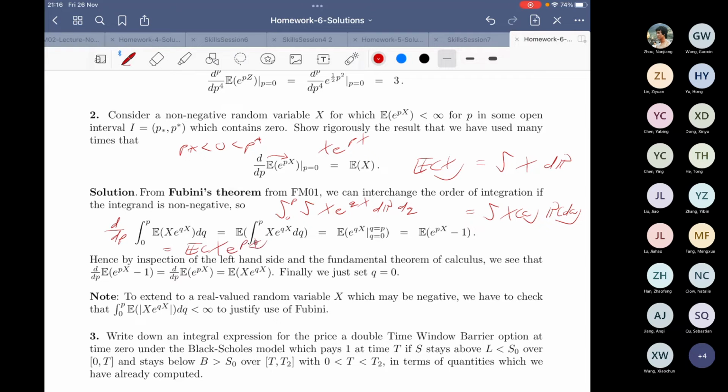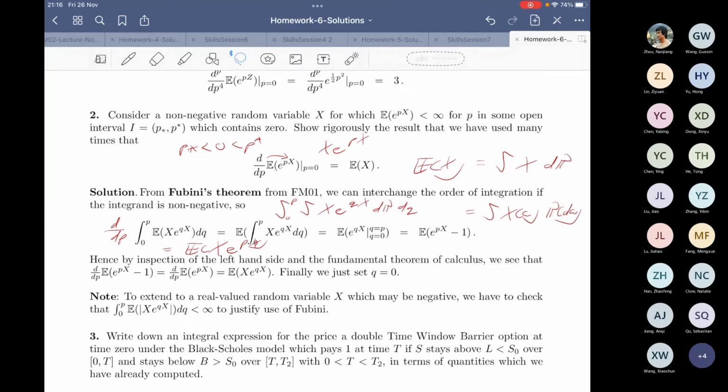On the right-hand side, we can do that as well. I was checking that I'm not cheating by taking d by dp inside the exponential, or else that would be using what I'm trying to prove.